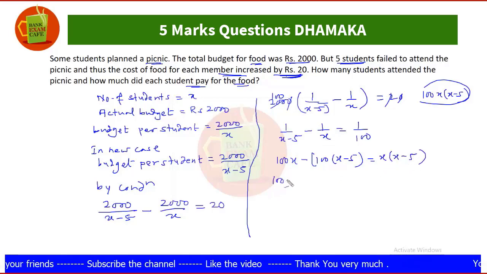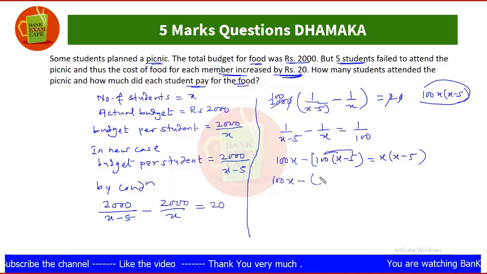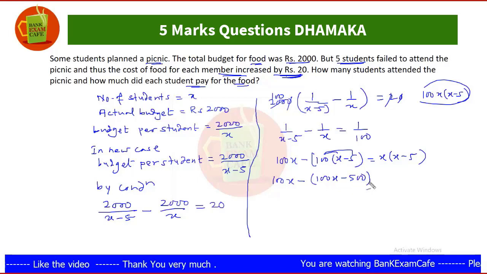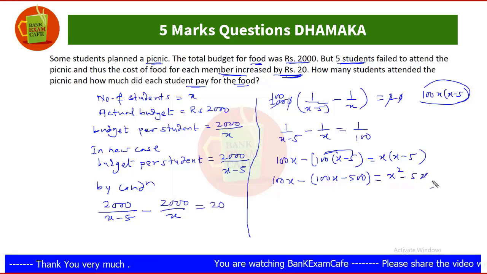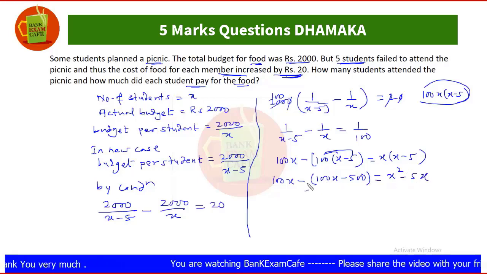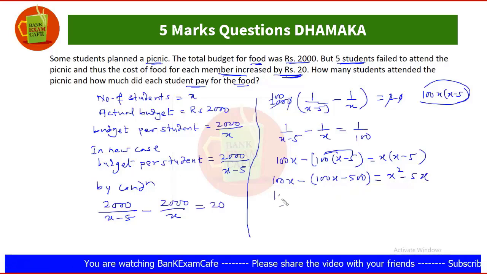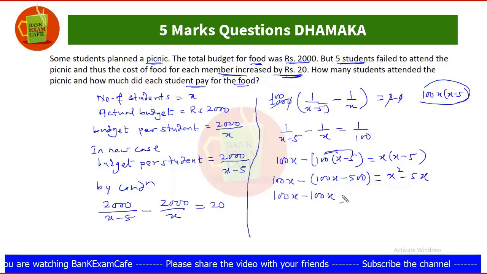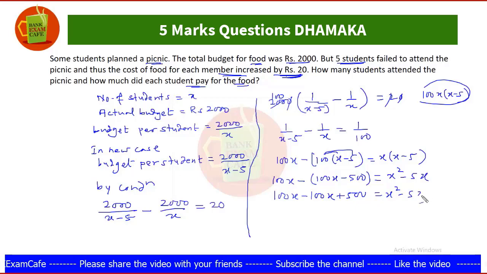So this will be 100x minus, multiplying by 100 inside the bracket, 100x minus 100 into 5, that will be 500, which is equal to x square minus 5x. Now open this bracket, and here the signs will change, so it will be 100x minus 100x, this will be plus 500, which is equal to x square minus 5x.